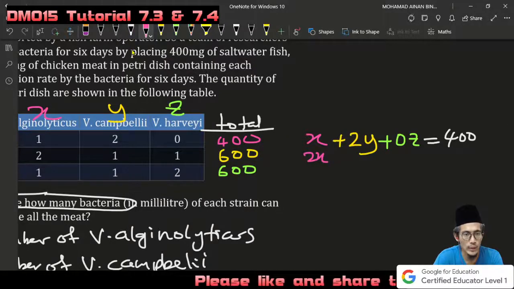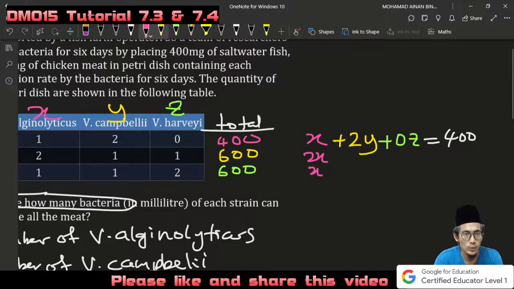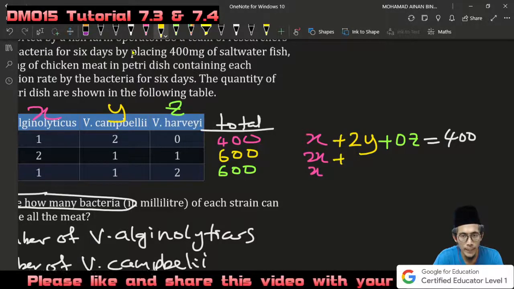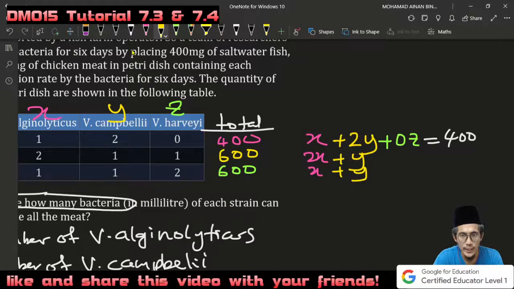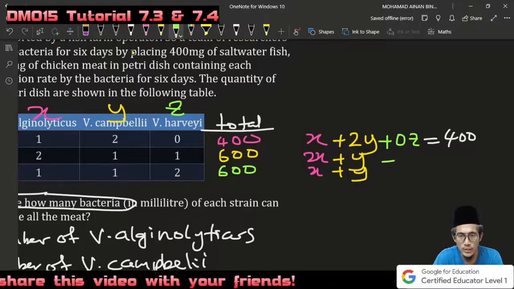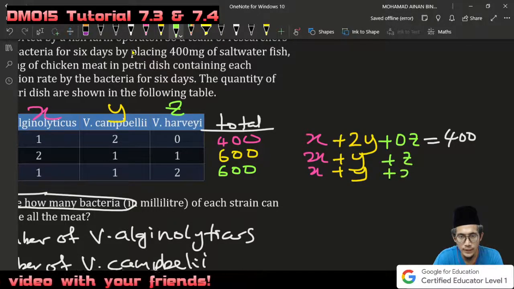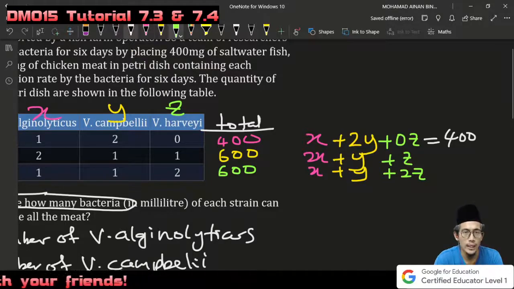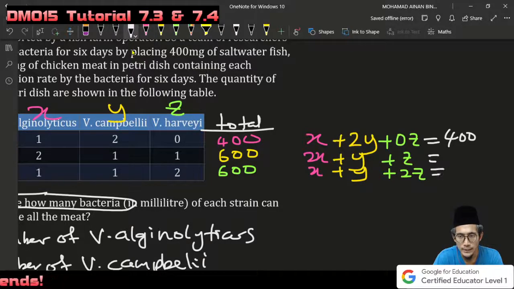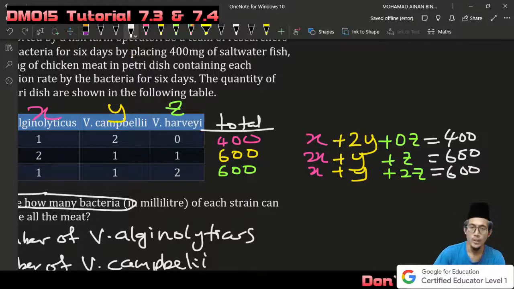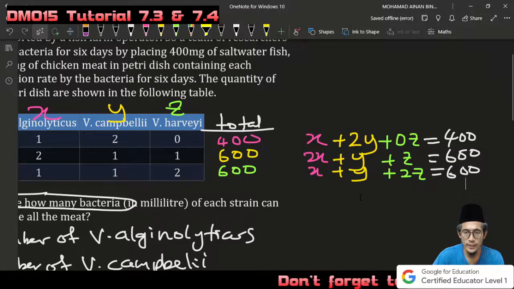Okay. Now we continue to the next step. To make it easier I use colours. The yellow one is plus Y. And then the green one is plus Z, plus 2Z. And then I copy all the numbers, 600. Now I copy everything.